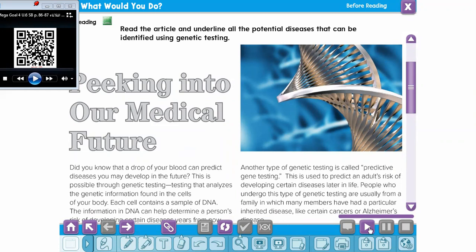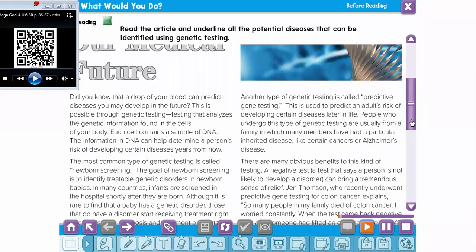Let's start. Peeking into our medical future. Did you know that a drop of your blood can predict diseases you may develop in the future? This is possible through genetic testing that analyzes the genetic information found in the cells of your body. Each cell contains a sample of DNA. The information in DNA can help determine a person's risk of developing certain diseases years from now.